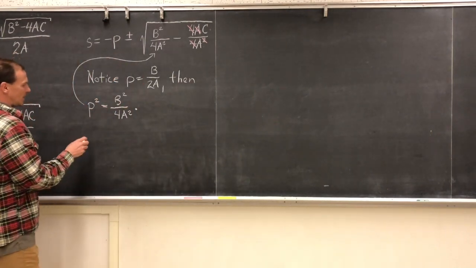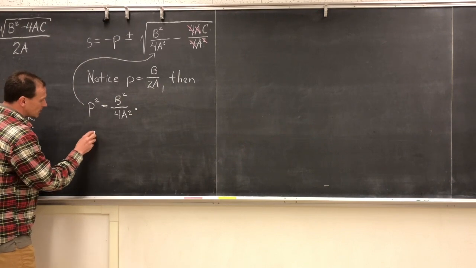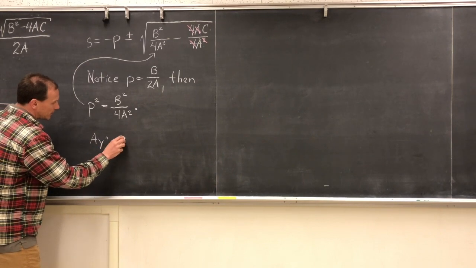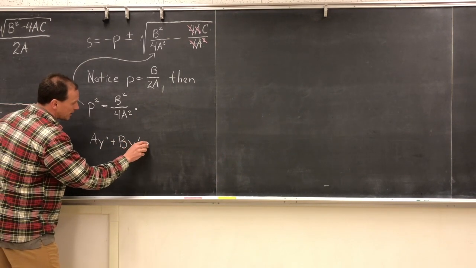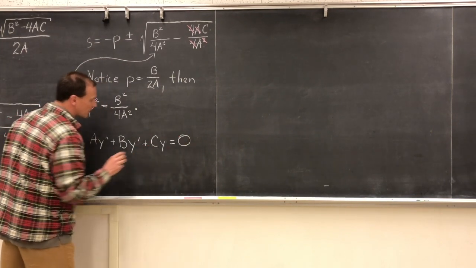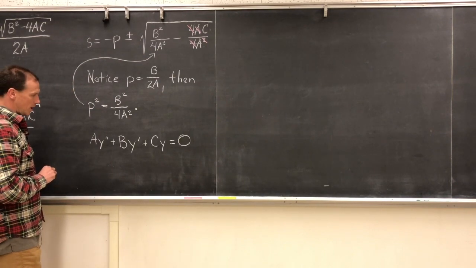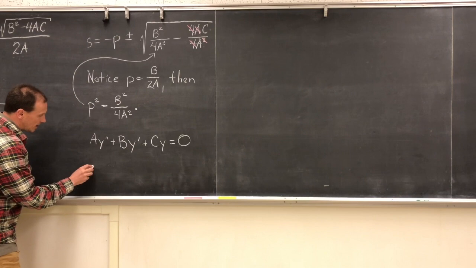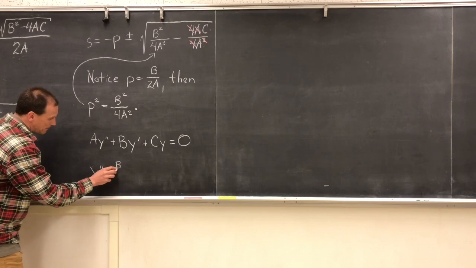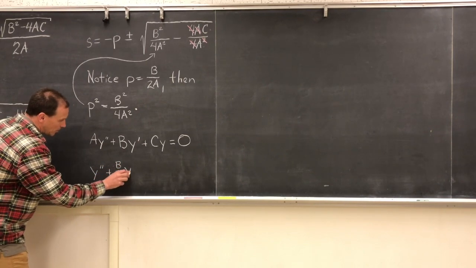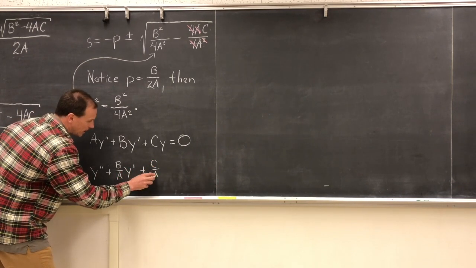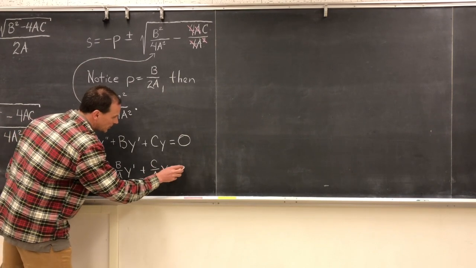Notice that if I was to take my original differential equation of ay double prime plus by prime plus cy equals 0, there's two things going on here. One, I could divide everything by a, and so this is the same as saying y double prime plus b over a y prime plus c over a y equals 0.